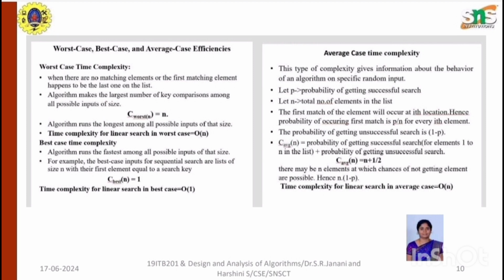It may be successful or may not be successful, but if we find it before the worst case, then we can say it is an average case possibility, so it becomes the average case time complexity. So C average of n is equal to (n plus 1) by 2. There may be any number of elements, but chances of not getting the element are possible, hence n into (1 minus p) arises. So the time complexity in this case is big O of n.